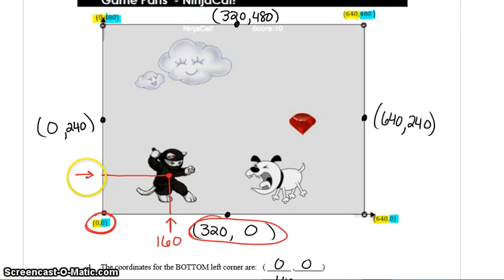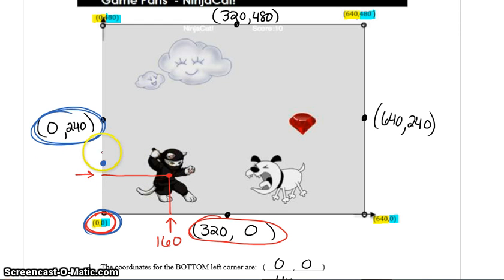The cat's y coordinate over on the y-axis doesn't exactly appear to be at the midpoint. I would say that the middle of 0, 0 and 0, 240 is this blue dot that I just drew here. So Ninja Cat's y coordinate appears to be a little bit less than that.